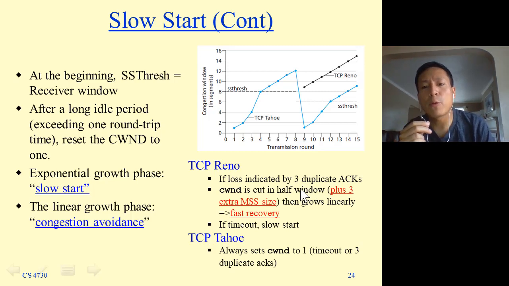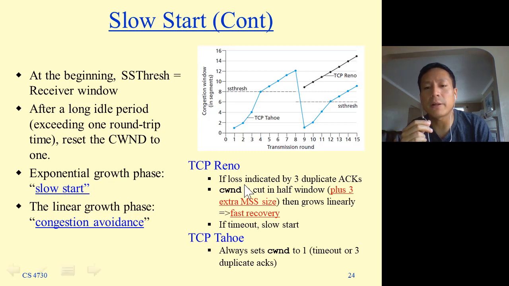And then what will happen right here is that we will be a little bit more aggressive. If we see that the loss is caused by timeout, then TCP Reno and TCP Tahoe will do the same thing. It will reduce to 1 and begin the slow start again, if it is a timeout.